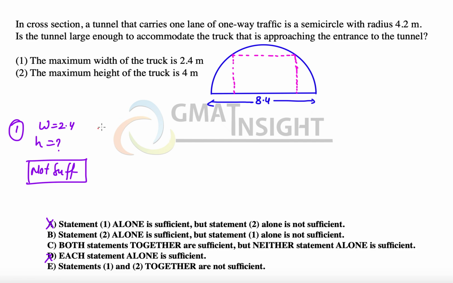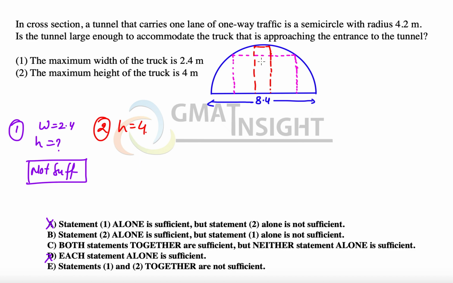The second statement, on the other hand, says that the maximum height of the truck is equal to 4 meters. But now the width is unknown. Let's quickly check. If the height is 4 and the radius is 4.2, then a very small width truck might be able to pass through it, because the height can be somewhat like this when the height is 4, which is almost equal to the radius, just 0.2 less than the radius.